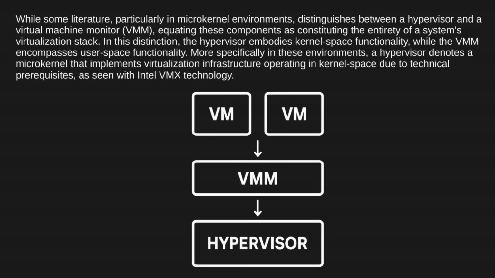While some literature, particularly in microkernel environments, distinguishes between a hypervisor and a virtual machine monitor, VMM, equating these components as constituting the entirety of a system's virtualization stack. In this distinction, the hypervisor embodies kernel space functionality, while the VMM encompasses user space functionality. More specifically, in these environments, a hypervisor denotes a microkernel that implements virtualization infrastructure operating in kernel space due to technical prerequisites, as seen with Intel VMX technology.